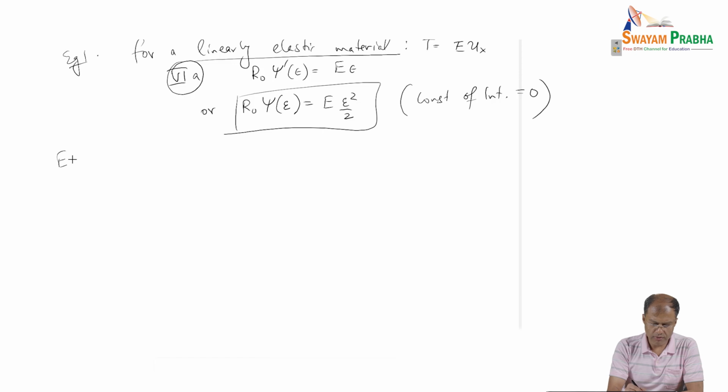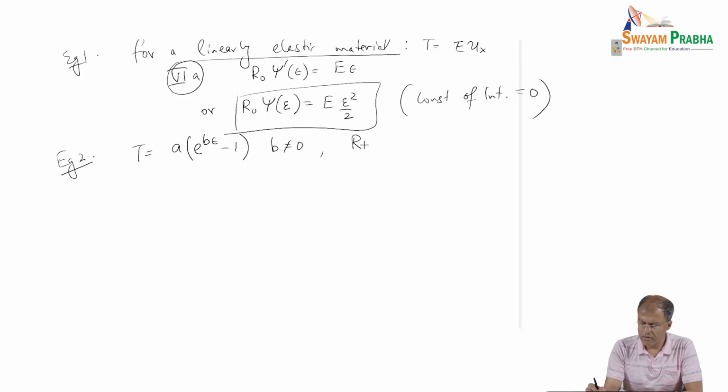So this is what we have in the form of free energy, when the stress depends on the free energy. Okay, so then if we choose our stress to be the stress related to that of the spider silk material, so A times (e to the power B epsilon minus 1), where B is non-zero, we again get from our material coordinate equation R naught psi prime is equal to A times (e to the power B epsilon minus 1).